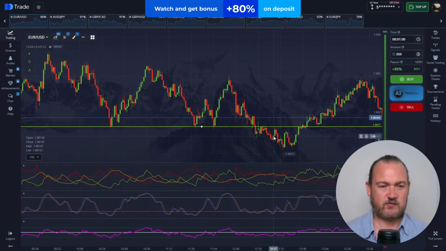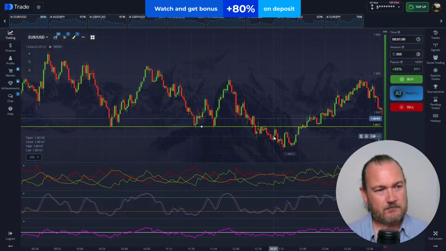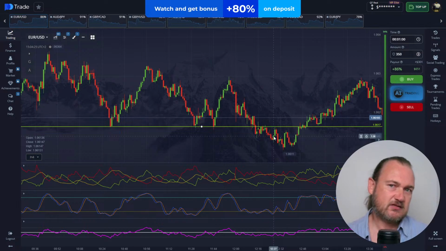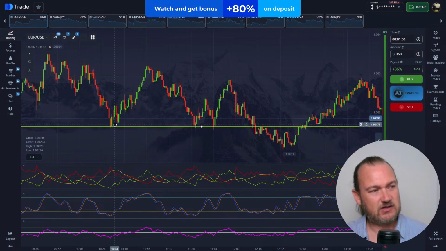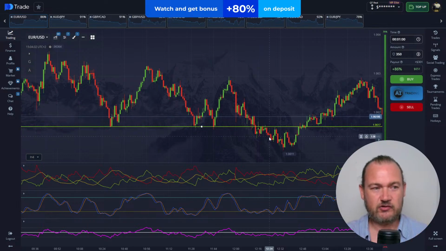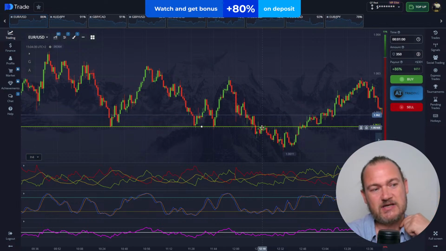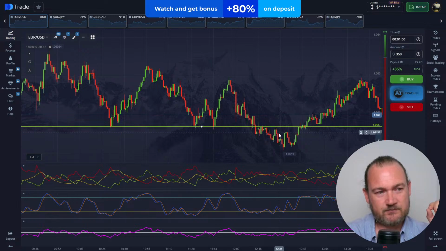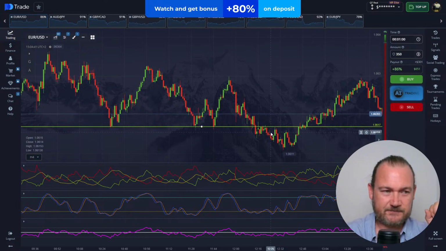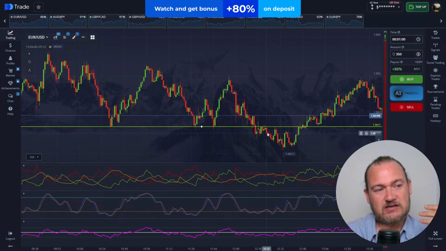One of the very beautiful things of technical drawings, and this is valid for support and resistance lines, and for trend lines or channels even, is that when price gets rejected off a level like it was here, usually when it breaks through, it will come back for a retest. So we can expect price to come back up and retest this area.